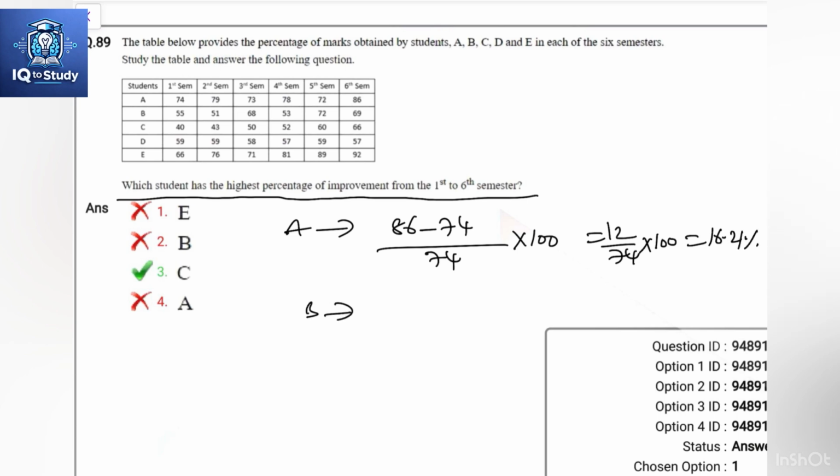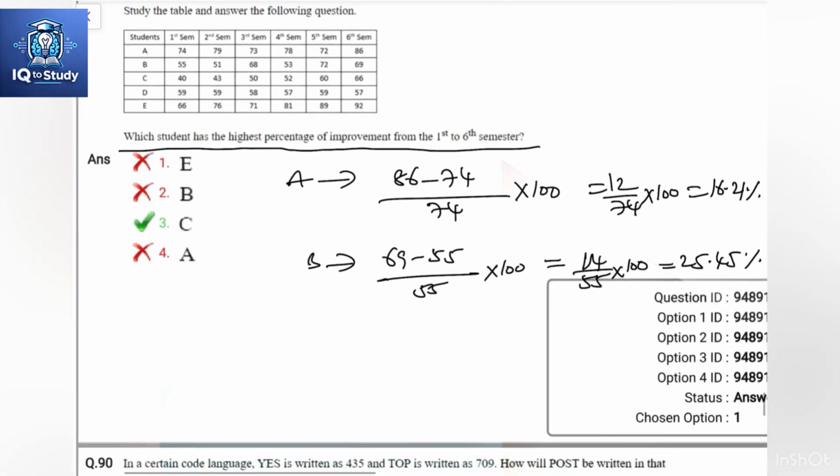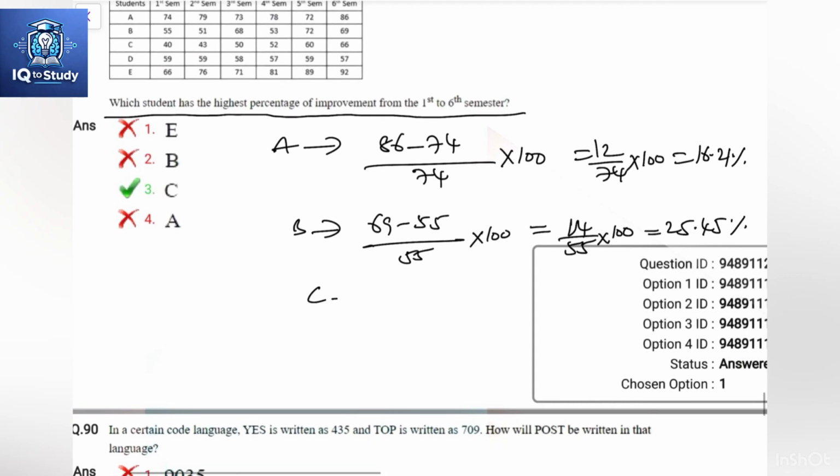And B is 69 minus 55 divided by 55 into 100, which is 14 by 55 into 100, and the value is 25.45%.